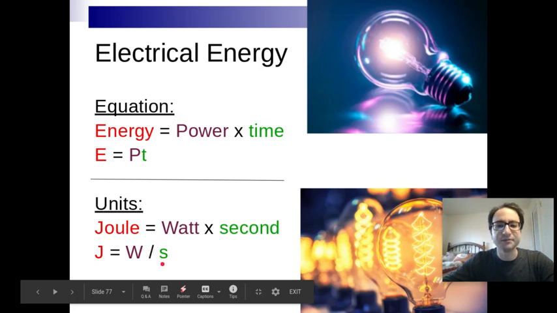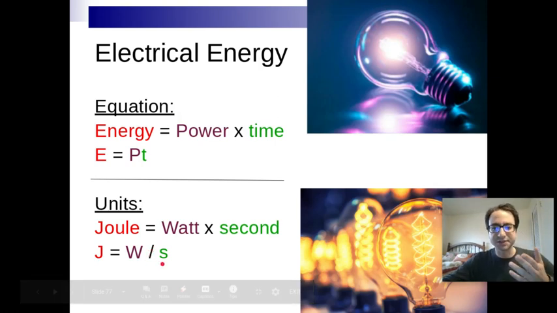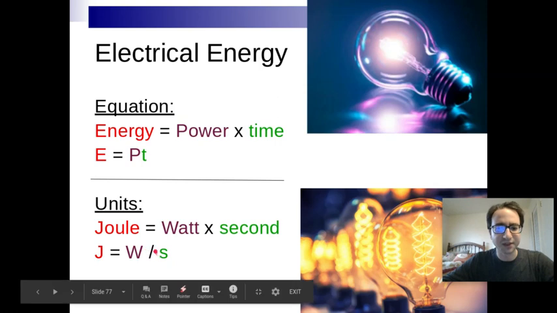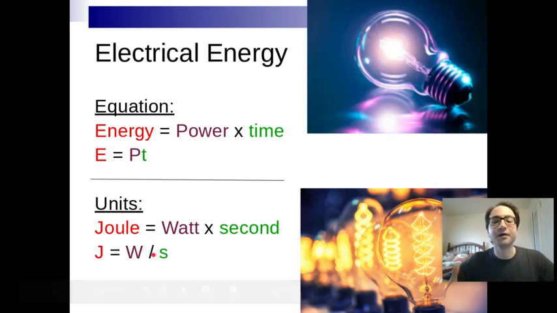I'll do that in the presentation, so you'll see it, even though in my video it's wrong. I apologize for that. It's a watt multiplied by a second. With your electric bills, you're charged in kilowatt hours, not kilowatts per hour, kilowatts multiplied by hours. So it's not watt seconds like the standard joule is, but it's some multiplication of it.